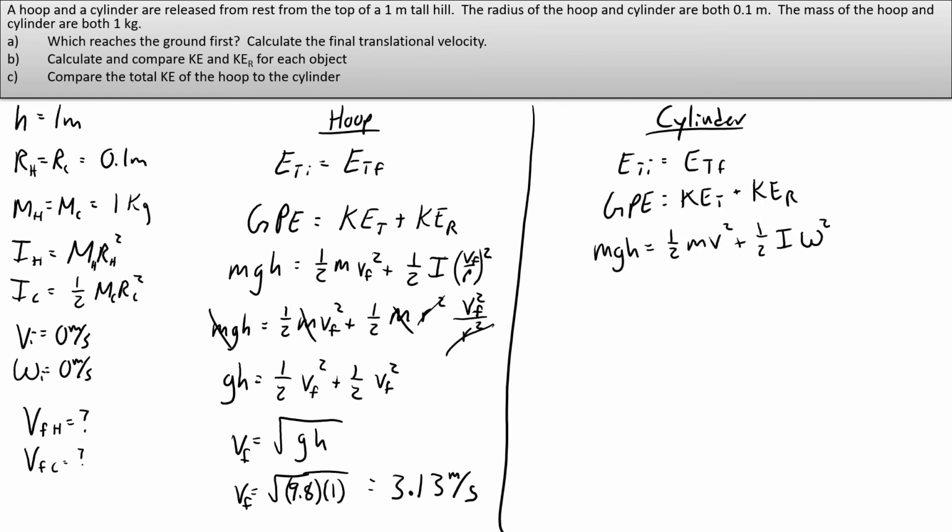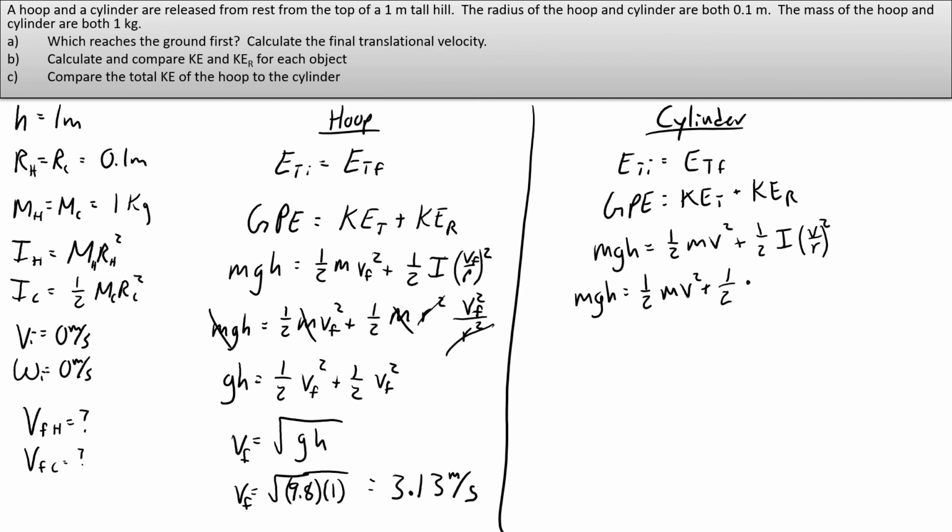Okay, so this is still the same. We could still do the switcheroonie where this is V over R. The thing that's different is I. Remember, don't get confused with this 1/2. That 1/2 stays there. This is 1/2 times I, and for the cylinder, I is equal to 1/2 mr squared.